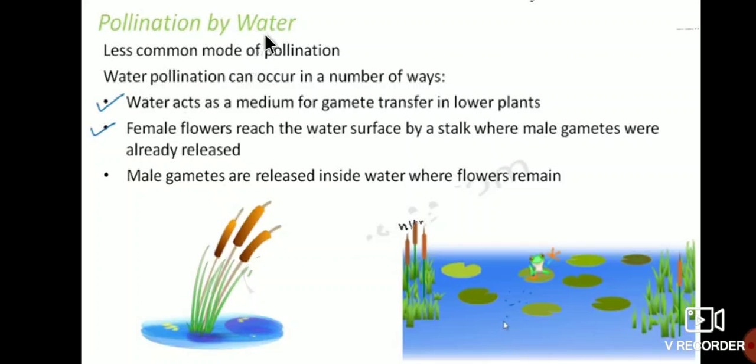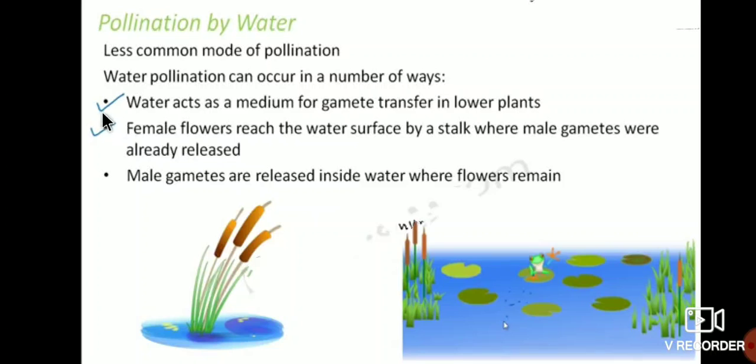Pollination by water, it's very important and it's also a very easy concept. See this one. It is a less common mode of pollination, it is very rare. Water pollination can occur in a number of ways. First one is water acting as a medium for gamete transfer in lower plants. Female flowers reach the water surface by a stalk where male gametes were already released. So male gametes are already released in the upper surface of the water.